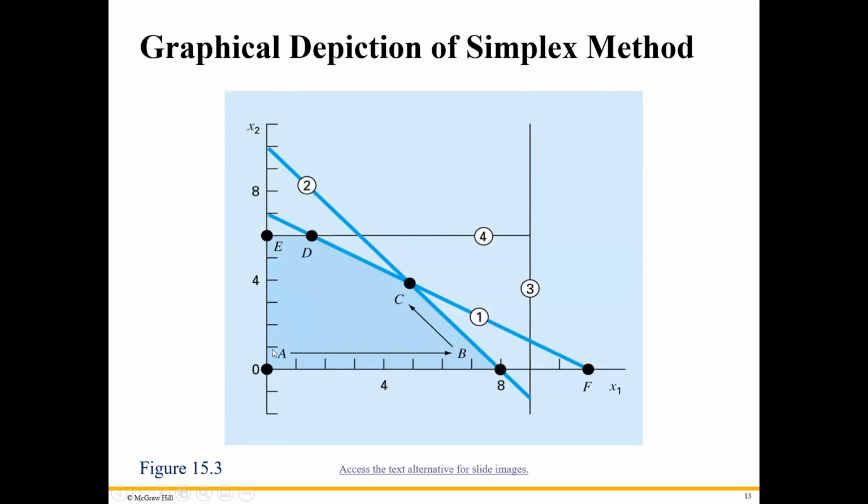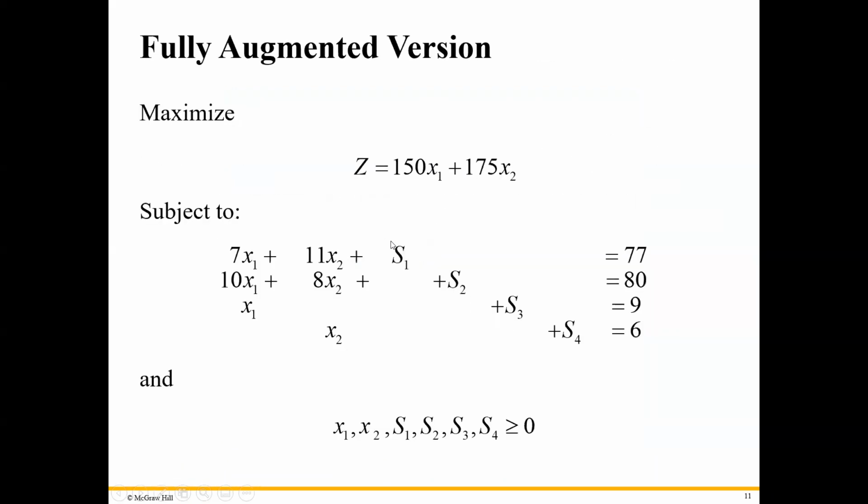Out of these 5 corner points, A is obviously not the solution because we want to maximize this function.